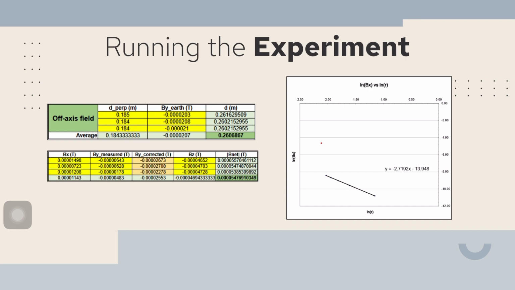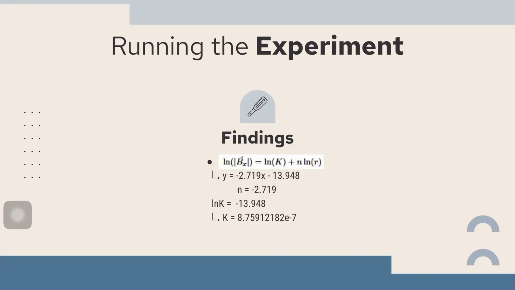0.0000547 teslas. And when graphing this, we see that there's obviously a negative slope, and so this can be modeled by an equation of y equals negative 2.7192x minus 13.948. And we're able to actually use this to find n, as n is just the slope, so negative 2.719, and ln of k is equal to negative 13.948.